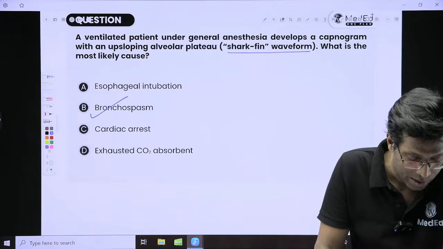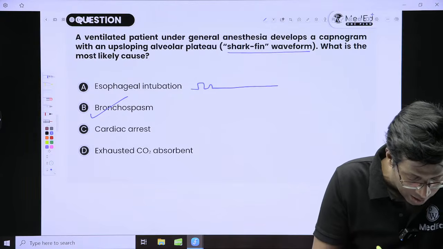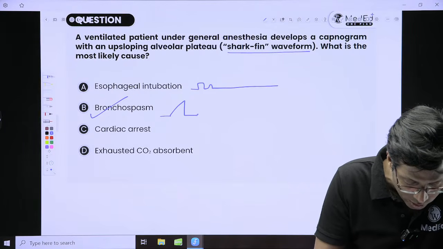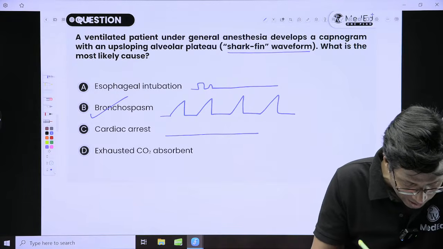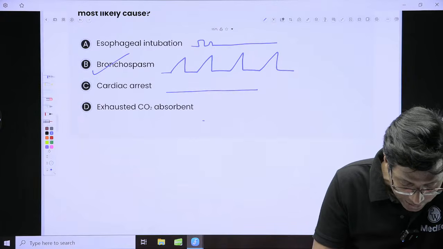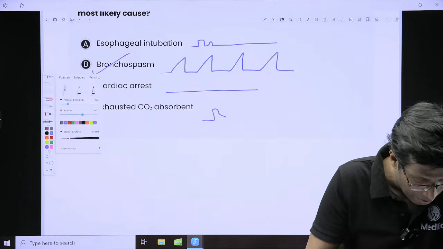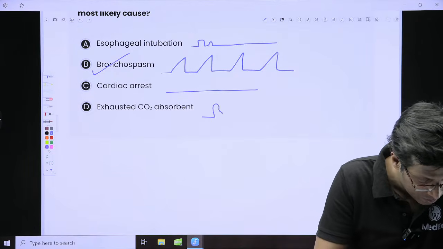Okay, it's bronchospasm. Esophageal intubation would lead to something like this and then a flat line. Bronchospasm would lead to what is called as the shark fin appearance. Cardiac arrest is going to be a flat line. Exhausted CO2 absorbent would lead to a step ladder pattern. Okay, this would lead to a step ladder pattern.